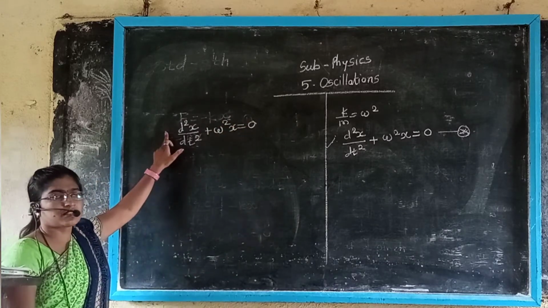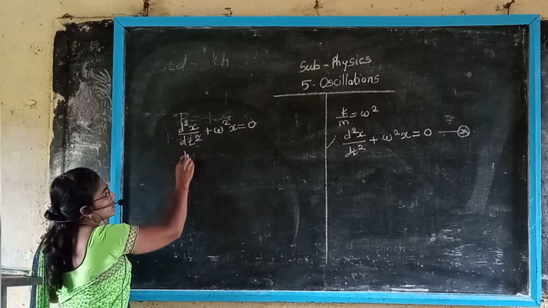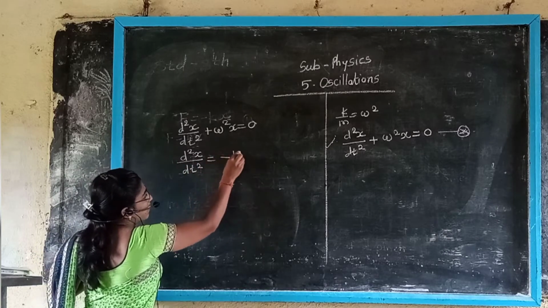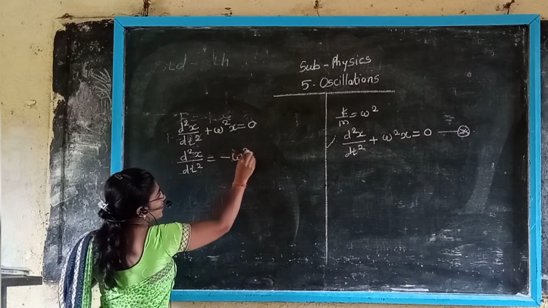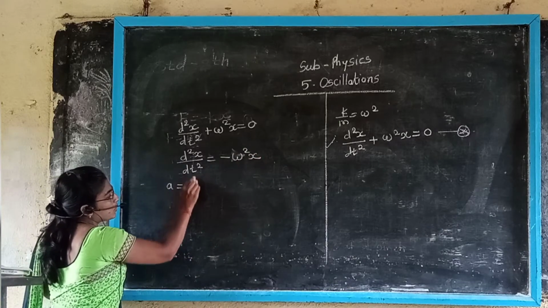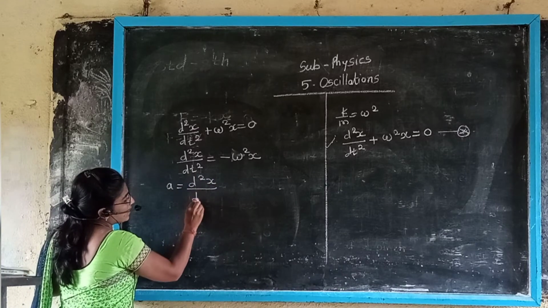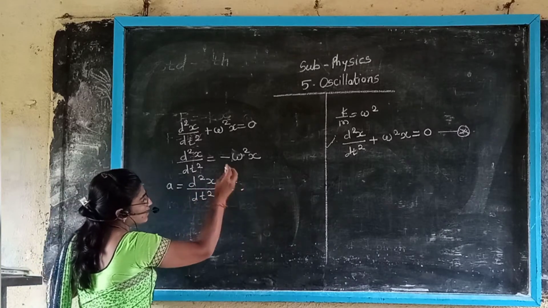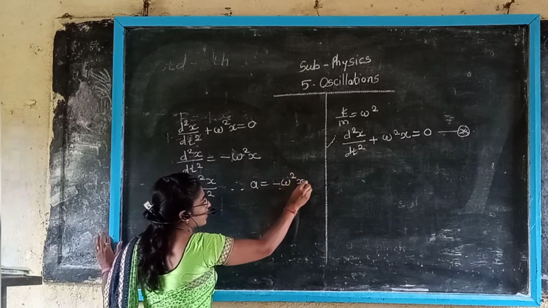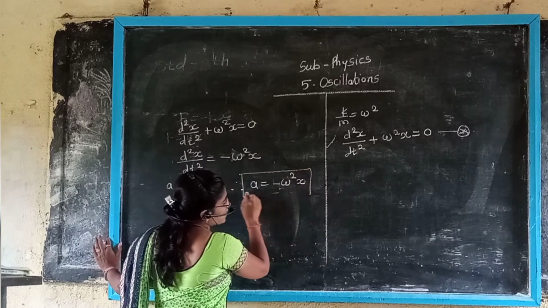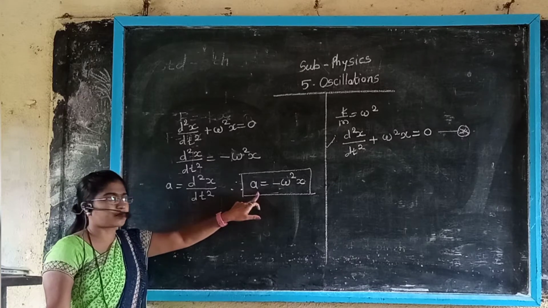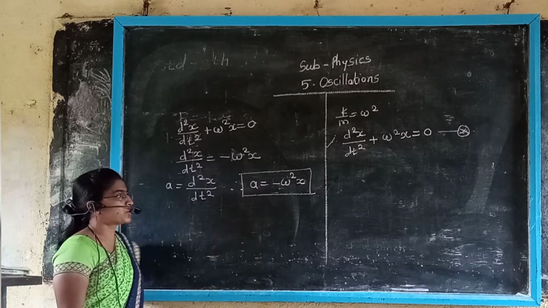From this equation, we get d2x by dt square is equal to minus omega square x, and we know that a is equal to d2x by dt square. Therefore, this equation becomes a is equal to minus omega square x. This is the expression for acceleration of linear simple harmonic motion.